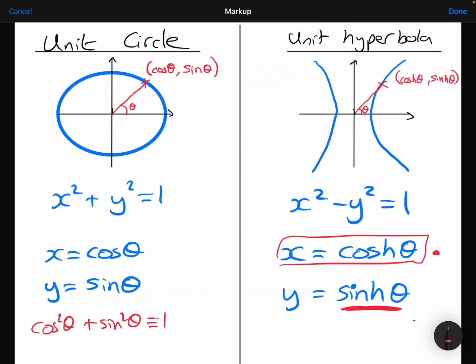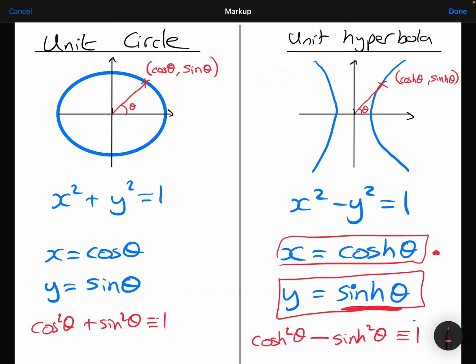Sinh is how you pronounce that. So sinh is the y-coordinate of the hyperbola. And that's going to give us a new identity, which would be cosh squared theta minus sinh squared theta is 1.